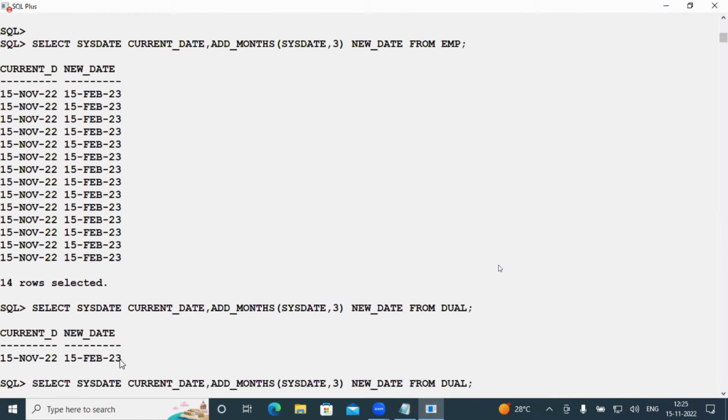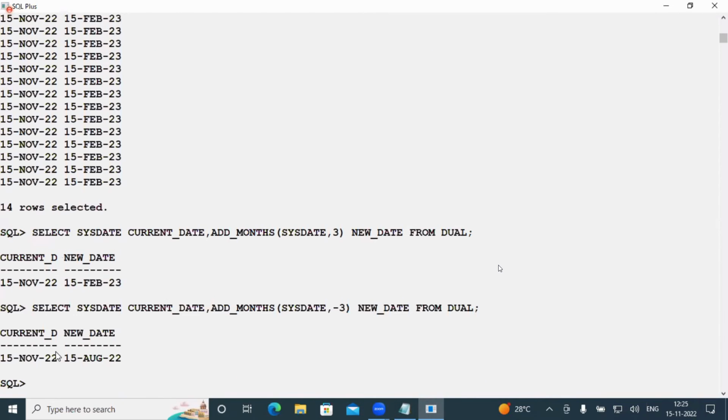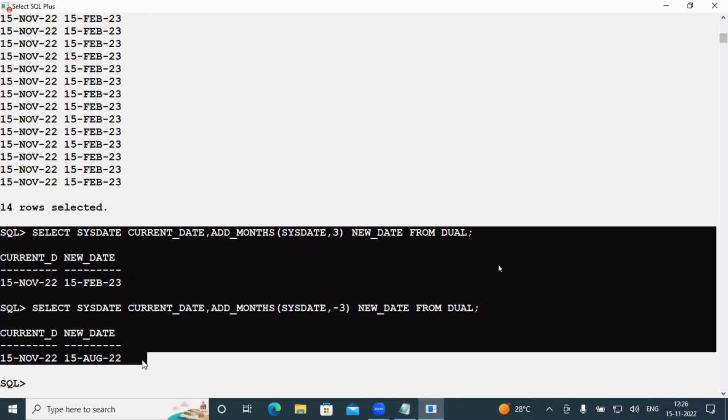It's a positive add. Suppose I give -3, then what happens? My current date is November 15, 2022. -3 months means November before is October, October before is September, September before is August. So August, September, October, 3 months back. So this is the add function.